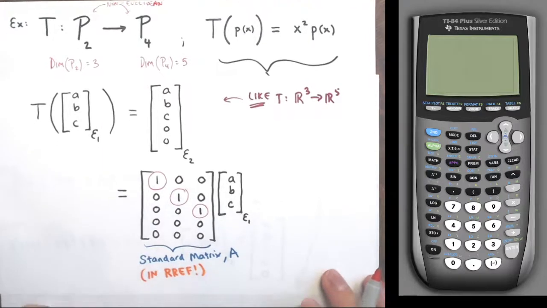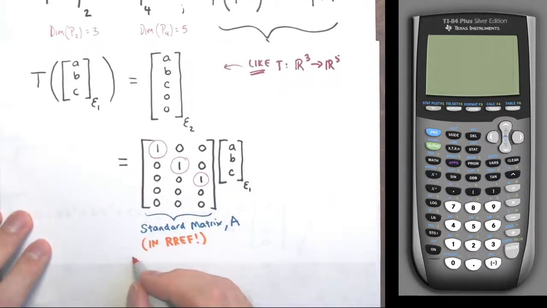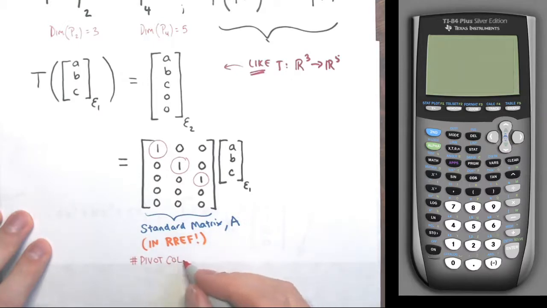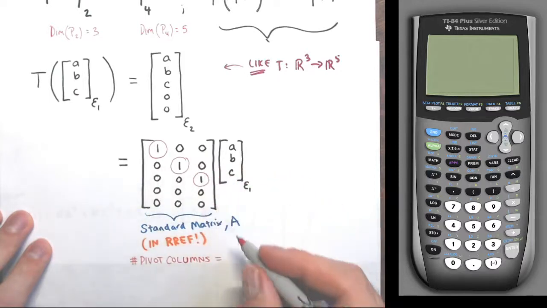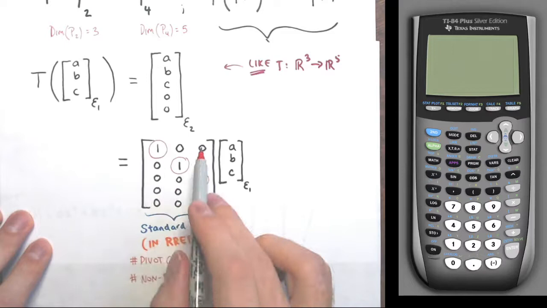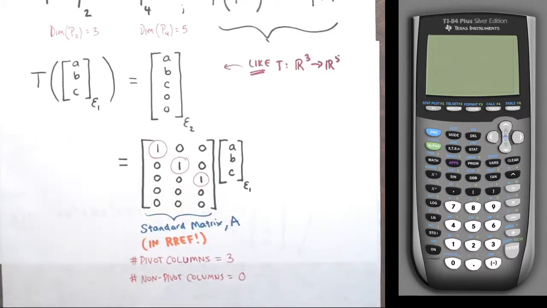So the number of pivot columns in this echelon form, well, the matrix itself is already in echelon form, so the number of pivot columns is 3. And the number of non-pivot columns is 0, because every column of this standard matrix has a pivot in it.